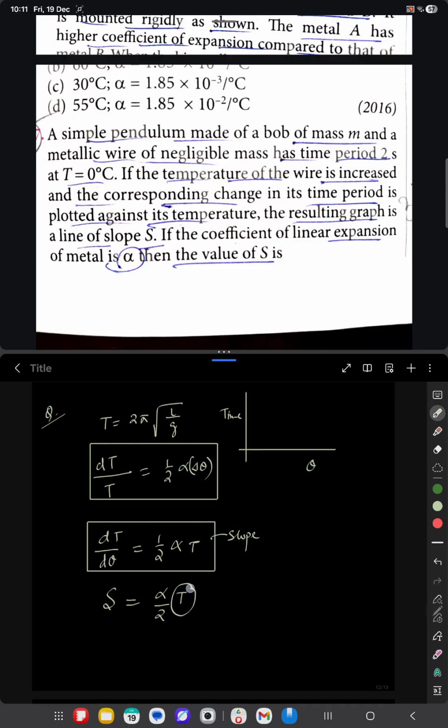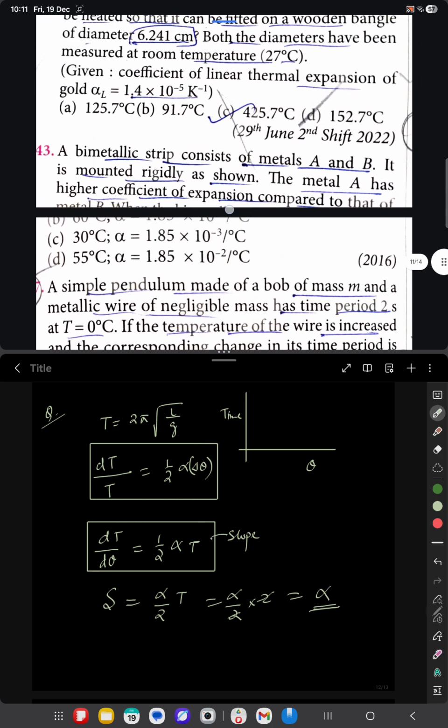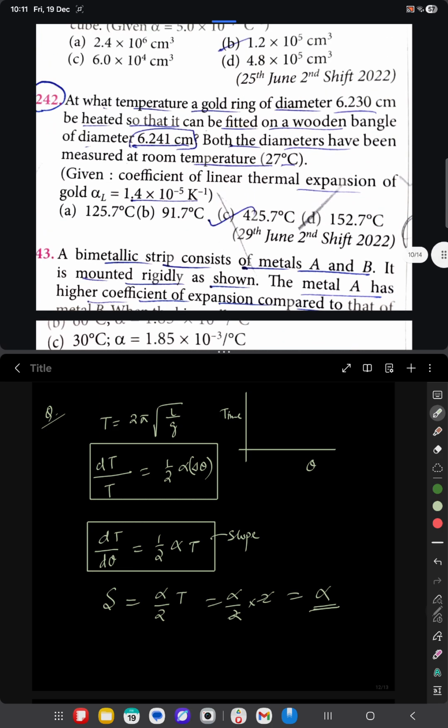It is given that the time period is 2, so alpha by 2 into 2. So S becomes alpha. The value of S is alpha. Okay, now next question.